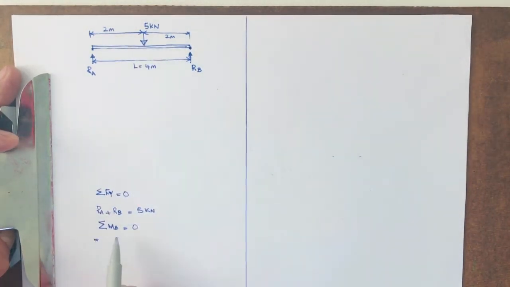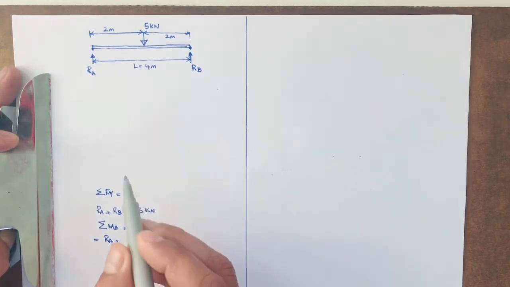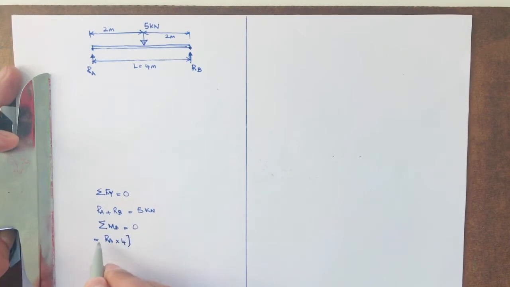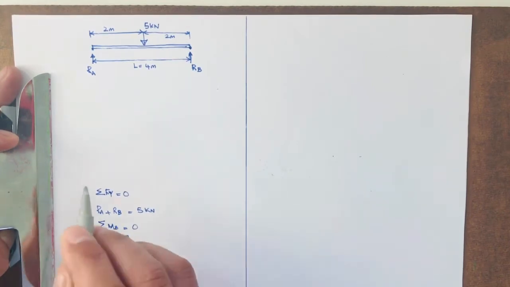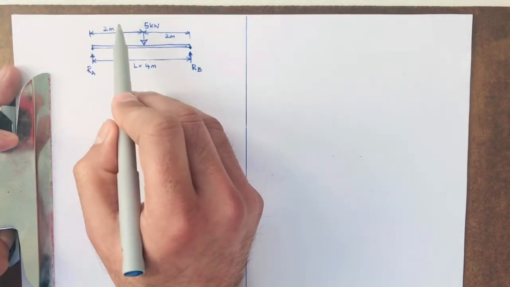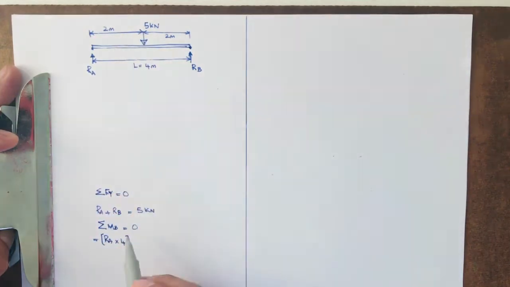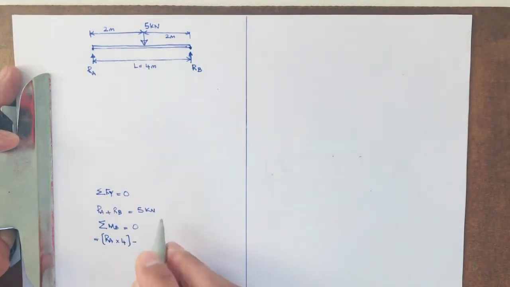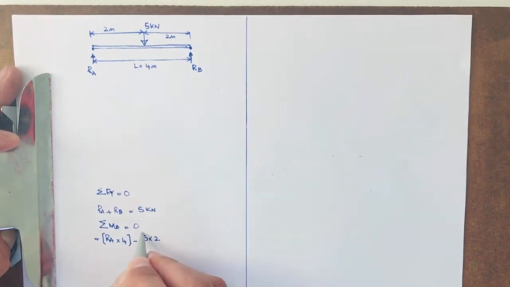So this will be RA times 4, the lever arm, going in the positive direction, and this is in the negative direction, so minus 5 kilonewton times 2. These bending moments are equal to 0.